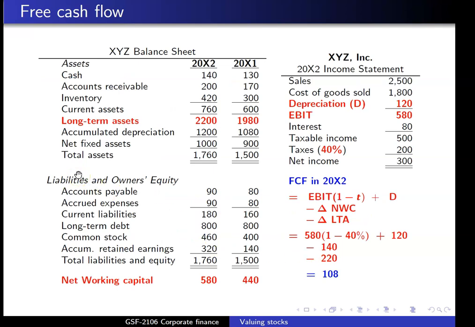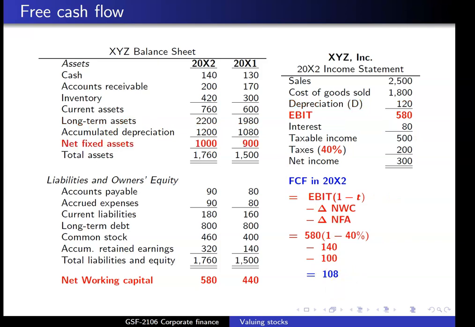So what is the free cash flow of this company XYZ in 2000X2? EBIT 580 times 1 minus 40% plus depreciation 120, minus additions to net working capital, 140, minus money spent to buy long-term assets, 220, that's 108.